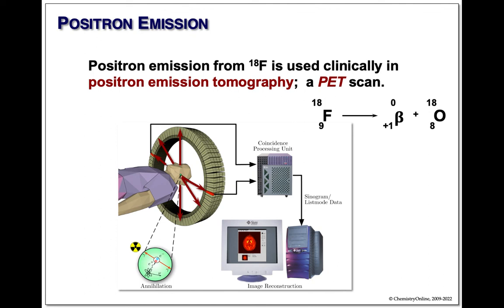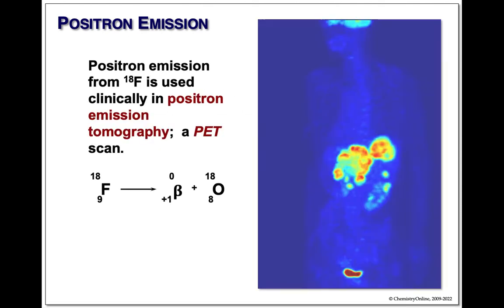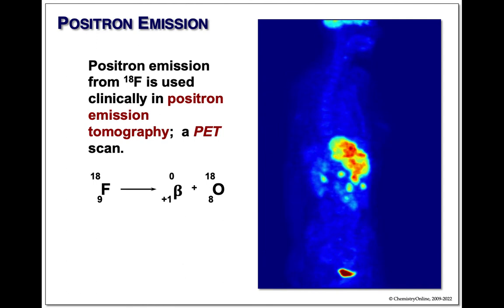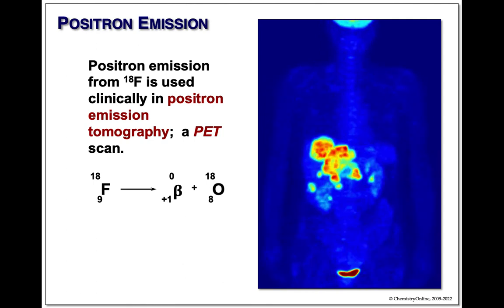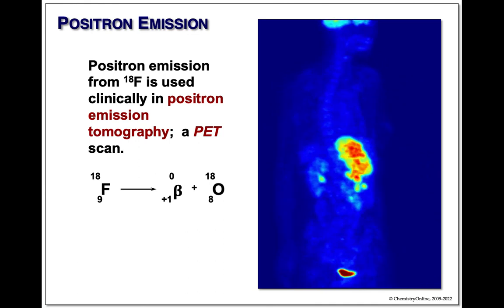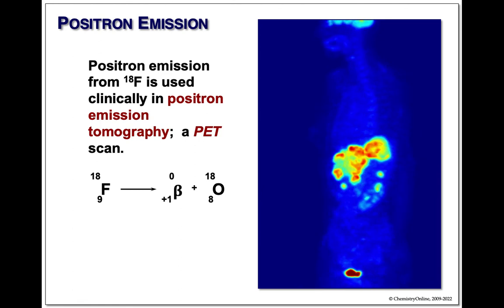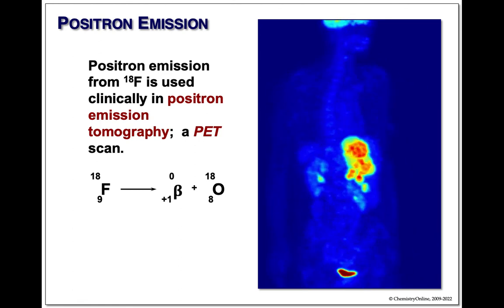So put your person in the middle of your ring here, have your computer gather up all the data. This is a real PET scan. This person has a very bad gastrointestinal tumor. PET scan: positron emission tomography. Kind of an interesting use, isn't it?